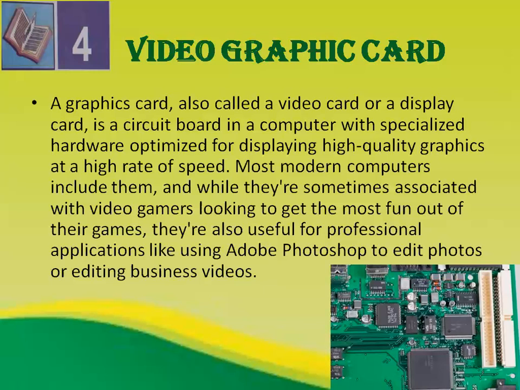The purpose of a video graphic card is to display text, graphics, and images on the screen. In the past, video cards were installed in the expansion slot, but in modern computers, video hardware is integrated on the motherboard. So in the past, if you wanted to install video graphics, you had to install it on the expansion slot, but nowadays it is integrated on the motherboard.